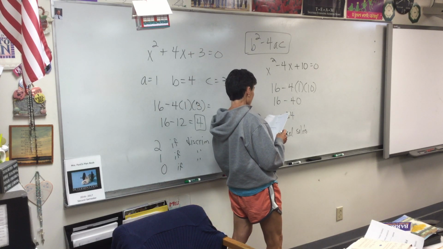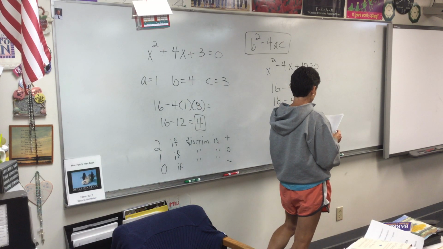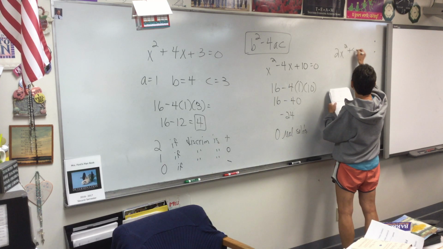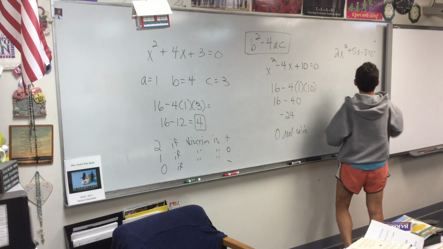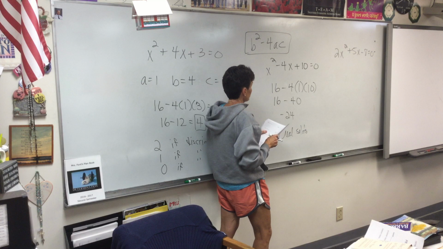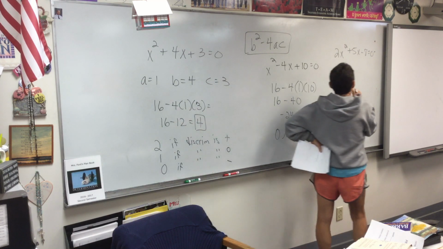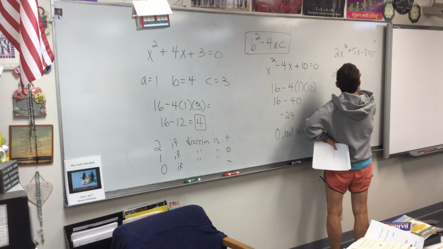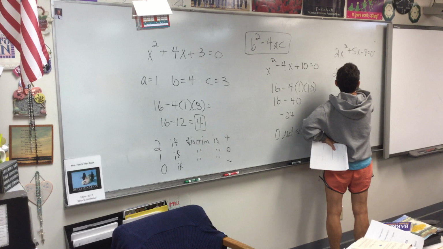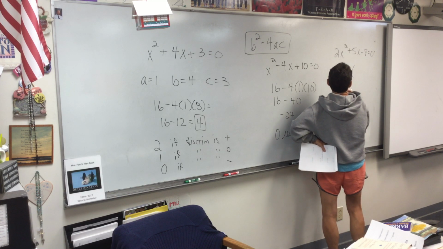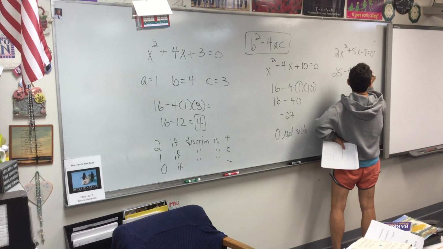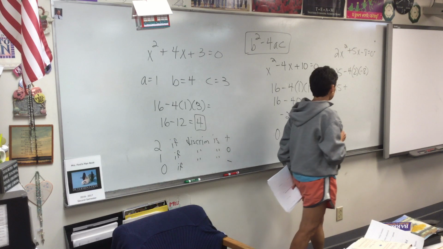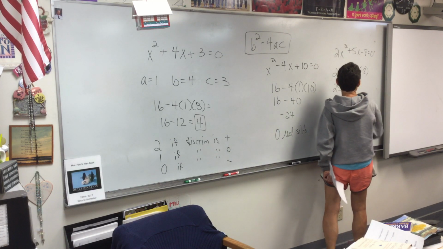Let's try one more. How about 21? All right, James, let's figure out the discriminant. So what do we got? 25 minus 64. Well, yeah, it's minus 4 times 2 times negative 8, which is actually going to be plus 64 because you got the double negative there.